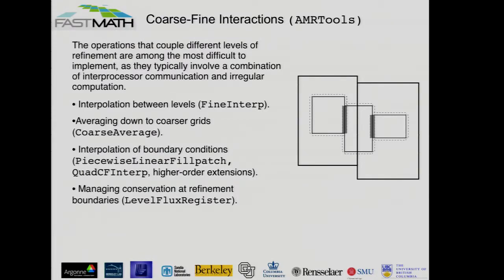So again, to summarize, the coarse-fine interactions happen at these kinds of boundaries where, if you notice, for this particular face of the box, part of it is coming from the same level and part of it is coming from the coarser level, and so here the data exchange is going to happen.